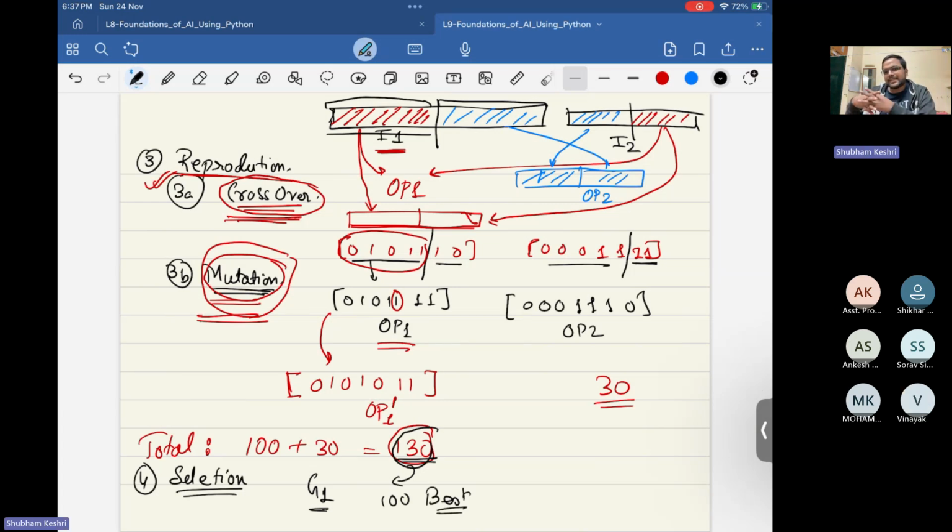When you pick the best 100, you may go to earlier convergence. We're just going for the best, but sometimes randomness helps to explore other areas. So what is generally done is we pick, suppose, 80% best solutions. From this 130, we will pick 80 as best and 20 we will pick randomly, because we want some diversity in the population.